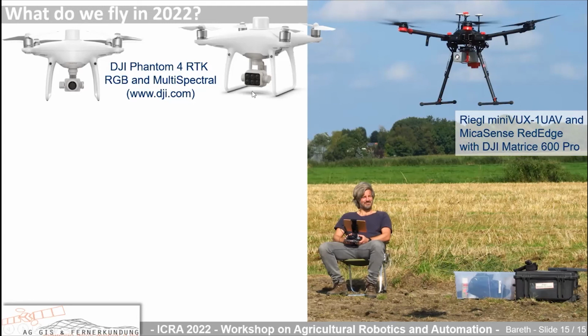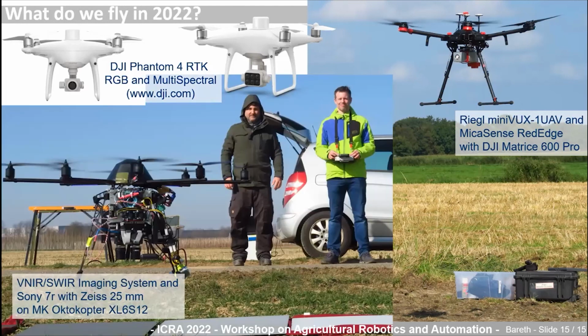The DJI multispectral is a very similar sensor to the MicaSense. But especially for the moisture content and for the biomass, we developed our own sensor in cooperation with the Applied University of Koblenz.